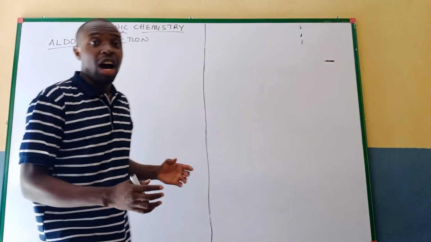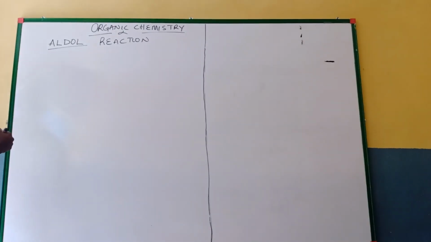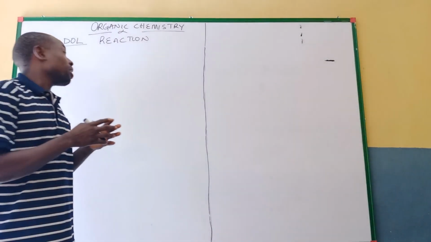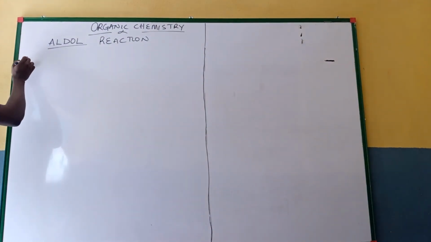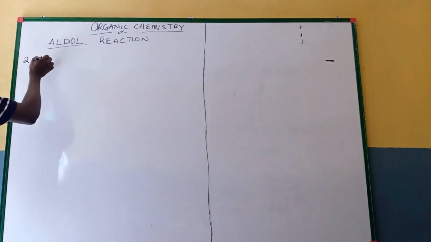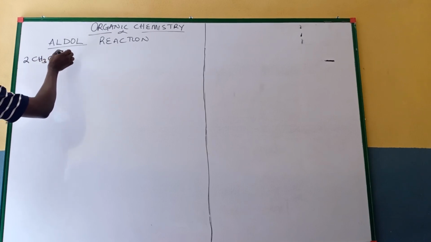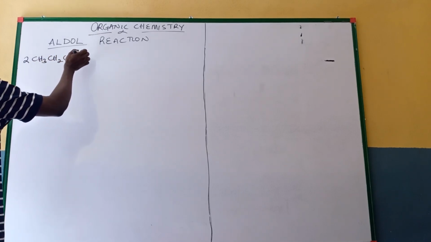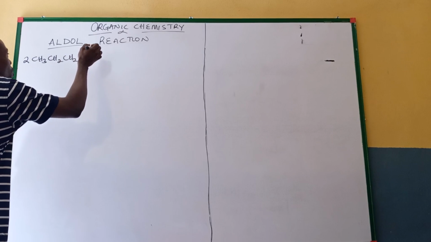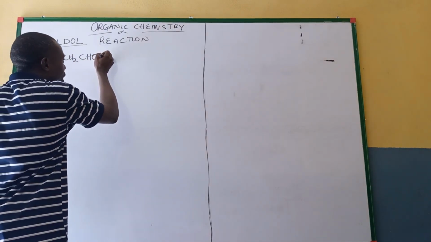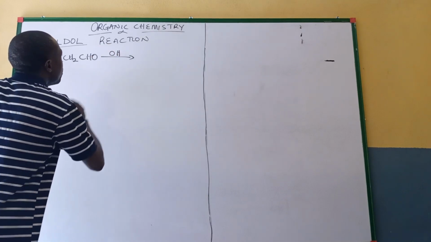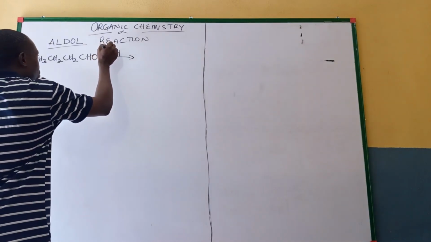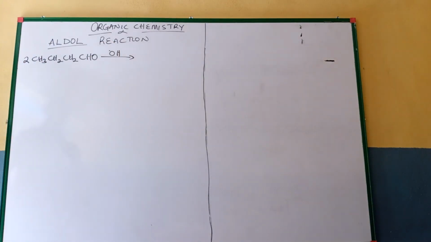So the next example is the reaction of butanal, CH3, CH2, CH2, CHO. We move straight down in the presence of a base. So let's move quickly. Now, very simple. The same rule applies.